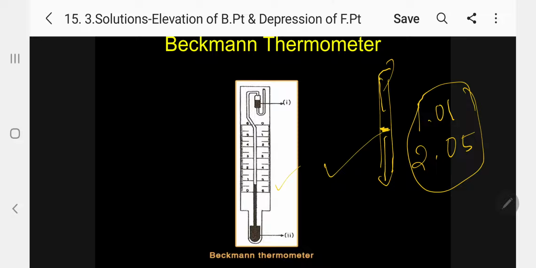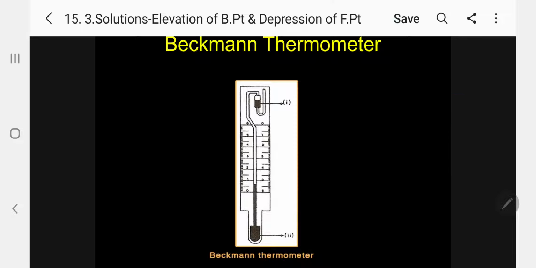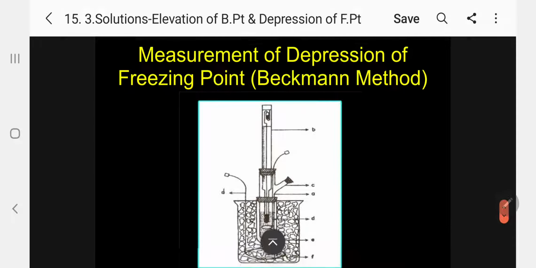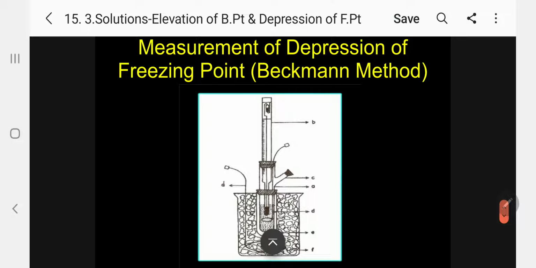The top layer will go upward, the bottom layer will come down, and it will be between 0 and 6. Kindly follow. Each division, 1 and 2, is again subdivided into 10 divisions. So that is the importance of that. Before using the thermometer, we have to set up the Beckman thermometer.